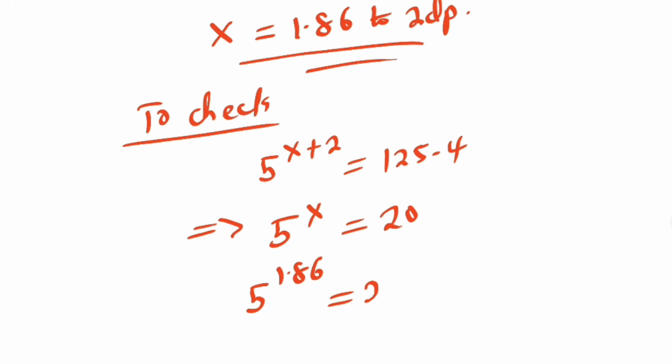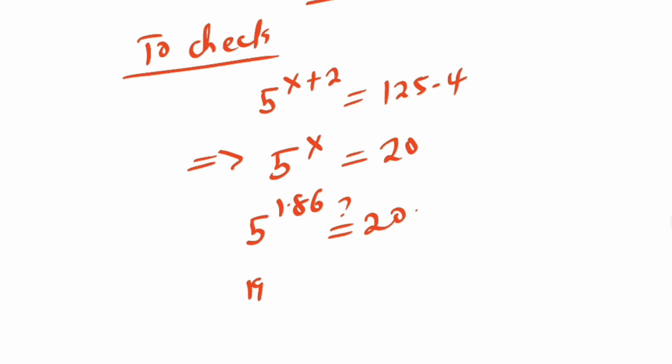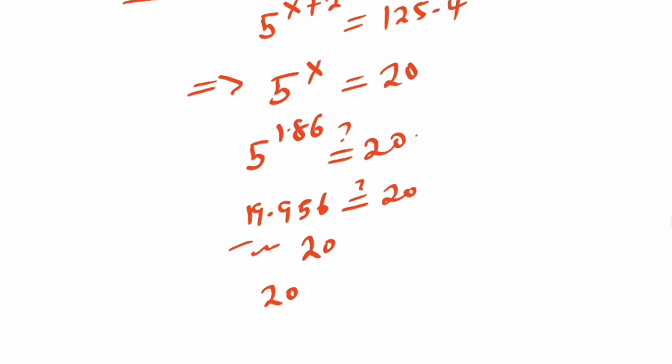This must be equal to 20. Then 5 raised to power 1.86 is 19.956, which must be equal to 20, and this is approximately equal to 20. Therefore, the left hand side 20 is equal to 20, which is true.